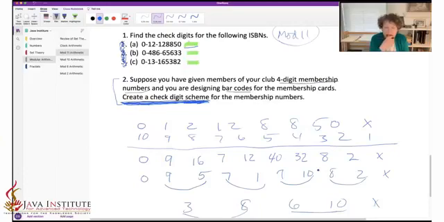Nine, 10, 9, 8, 7, 6, 5, 4, 3, 2, 1. 0, 1, 2, 1, 2, 8, 8, 5, 0. Oh, yeah, this is it. This is it. Thank you. But I still think there's another mistake. Okay, 0.